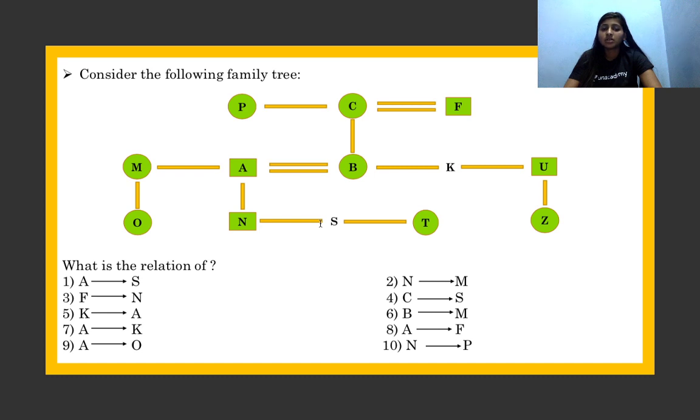Why daughter? If you think it's not son, it's daughter. S is not in a square, then can you see S in a circle?